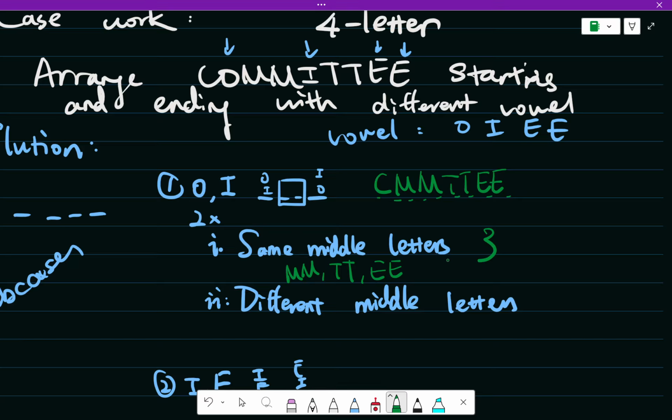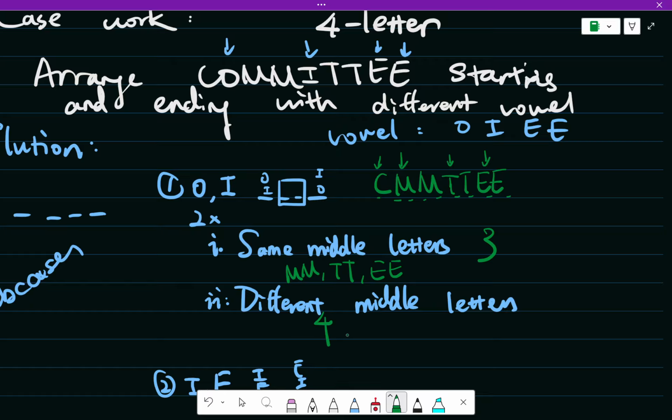If I want to do different middle letters, then I could use the multiplicative principle where on the first position I will have 1, 2, 3, 4 different possible letter choices: C, M, T, E. Because the two letters are different, we could simply ignore the doubling of letter M, letter T, and letter E because we'll never use them.